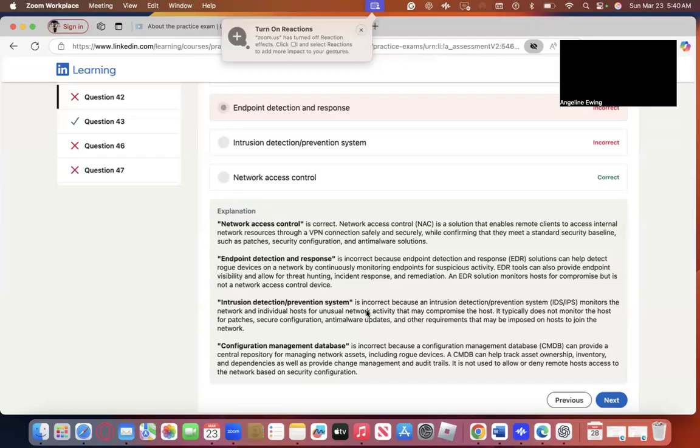A CMDB can also track asset ownership, inventory, and dependencies, as well as provide change management and audit trails. It is not used to allow or deny remote host access to the network based on security configuration.